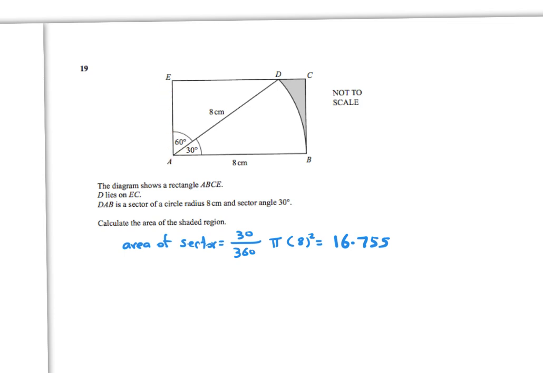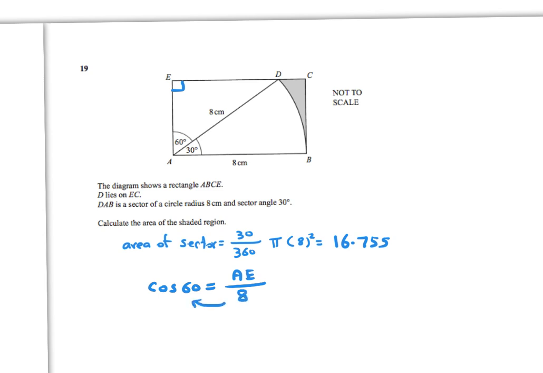So now to find AE, because this is a rectangle, we have right angle triangle. We need to find the adjacent, and we have the hypotenuse. So we can use cosine. Cosine 60 equals AE, the adjacent, over the hypotenuse.